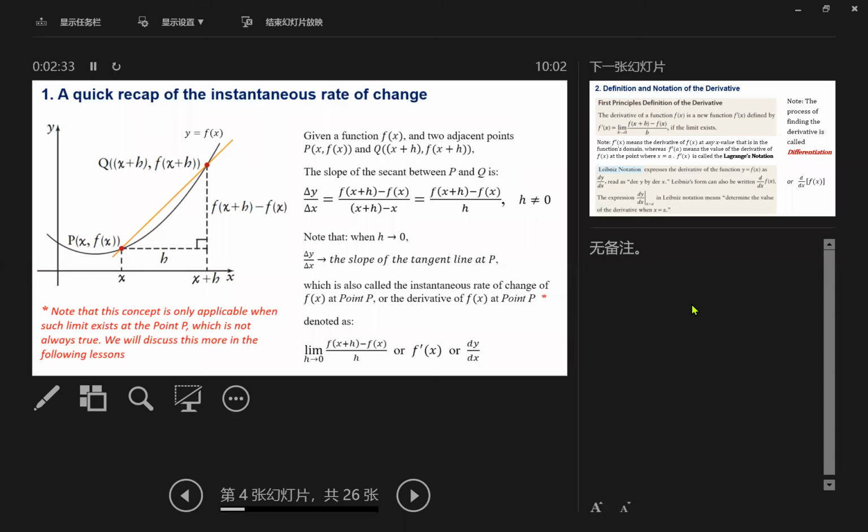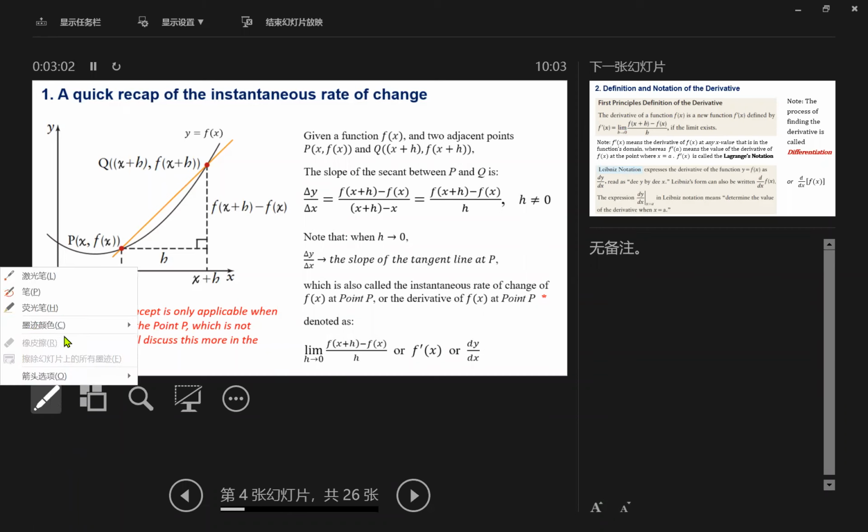Then this limit is actually called the instantaneous rate of change, or the derivative of f(x) at point P. So this is a definition of the derivative of a function at a certain point, denoted as the limit of f(x+h) minus f(x) over h as h approaches zero. So here, this is actually the definition of the derivative of a function.